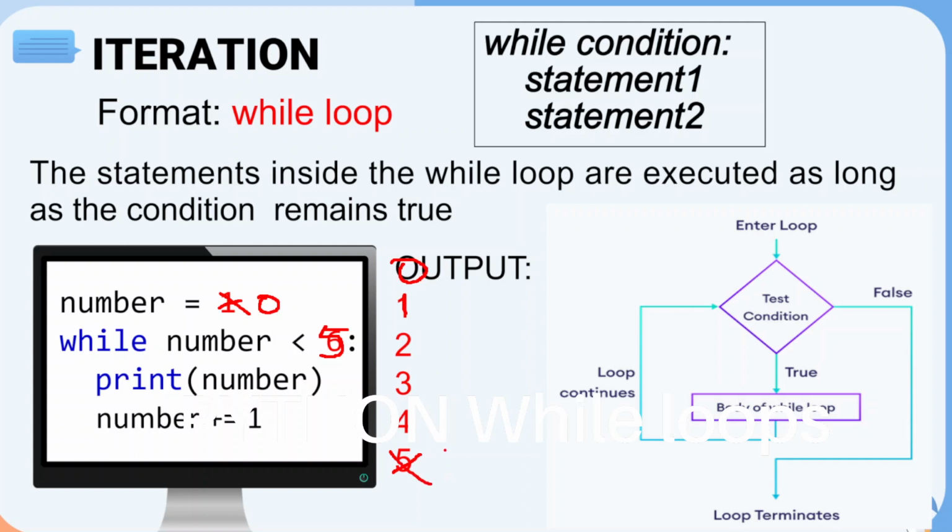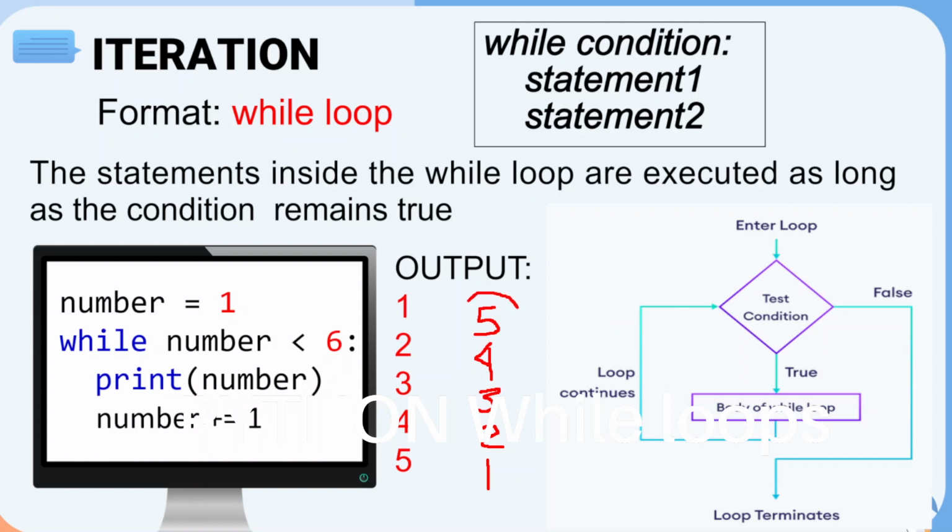Okay. Now, the challenge is, what if I want to have the output like 5, 4, 3, 2, 1? What do you think is the solution for this one? Can you guess?